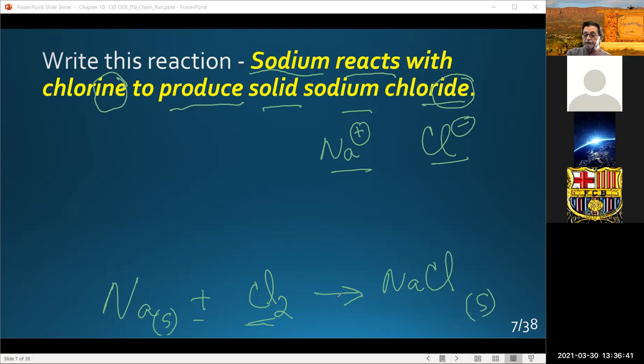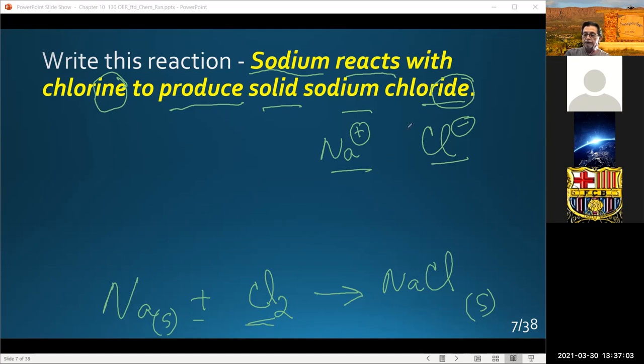To produce is the arrow. You also see reacts to give, or gives, as another term used. That's the arrow. Anything following that term produce is product. Solid, they're telling you that's the physical state. And then sodium chloride is the final product.